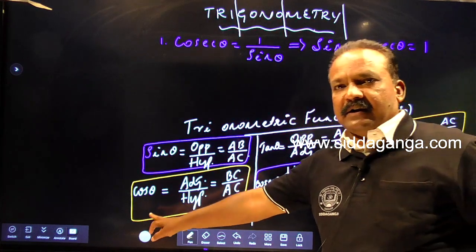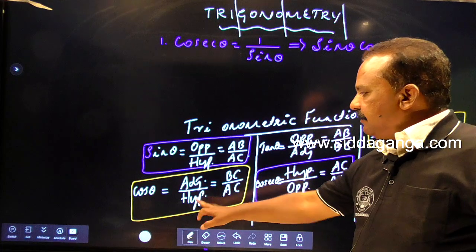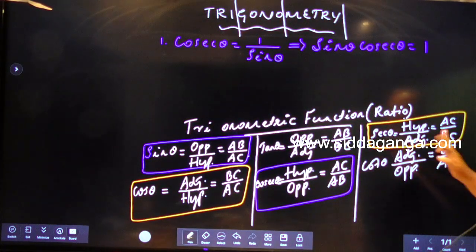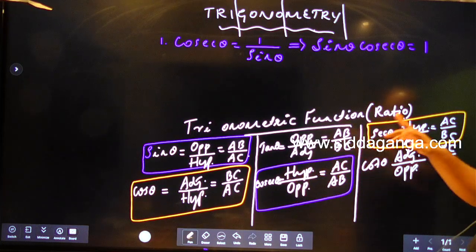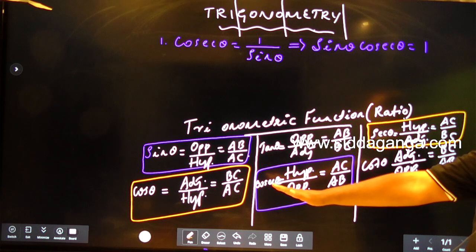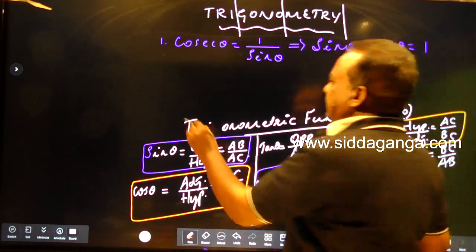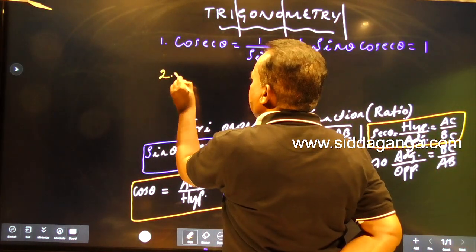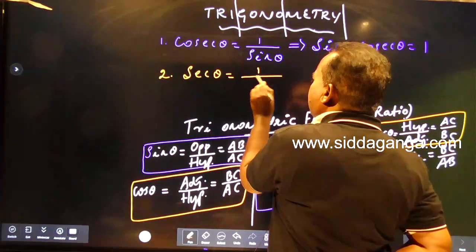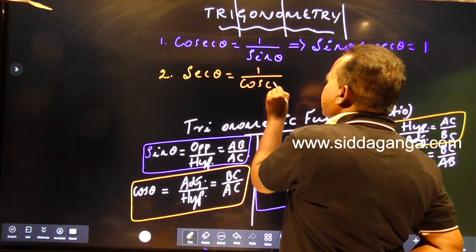How do you define cos theta? Adjacent by hypotenuse. How do you define secant theta? Hypotenuse by adjacent. So cos theta is the reciprocal of secant theta and secant theta is the reciprocal of cos theta. That is, the second reciprocal relation is secant theta is equal to 1 by cos theta.